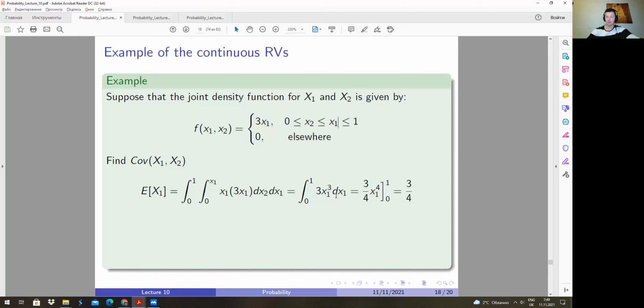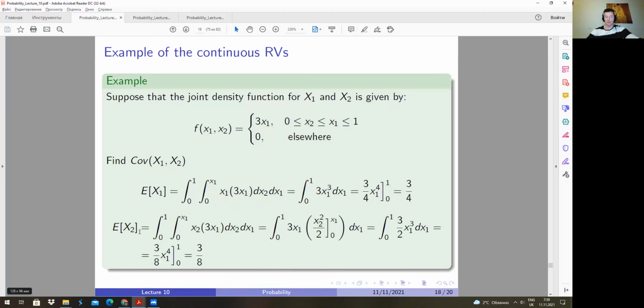Then I integrate this 3x1 cubed and get 3 over 4 x1 to the fourth. When I evaluate this from 0 to 1, it's 3 over 4. So the expected capacity of this tank at the beginning of the week is 3 over 4, or 75% of the tank is filled. It's an expected value.